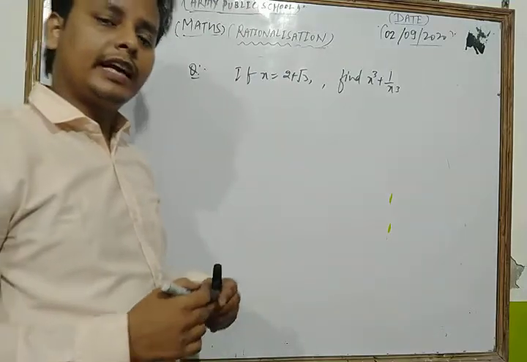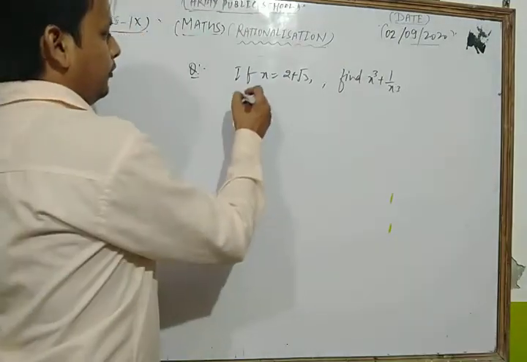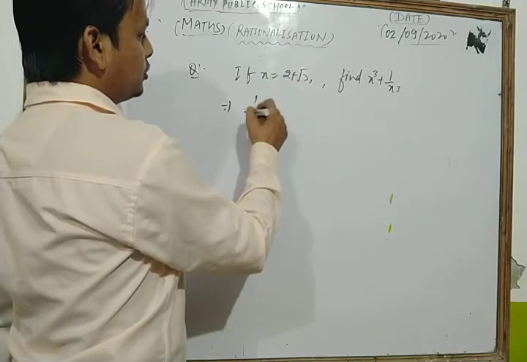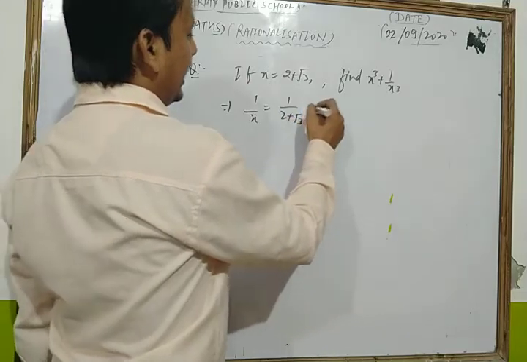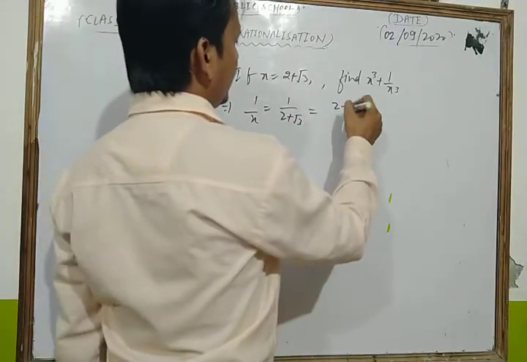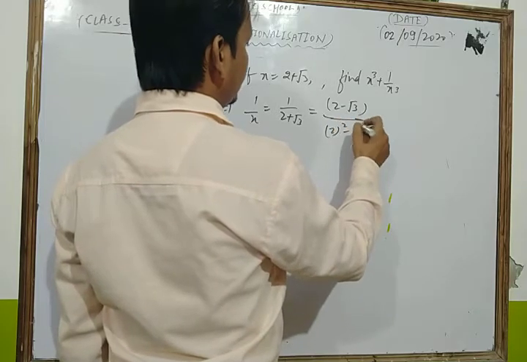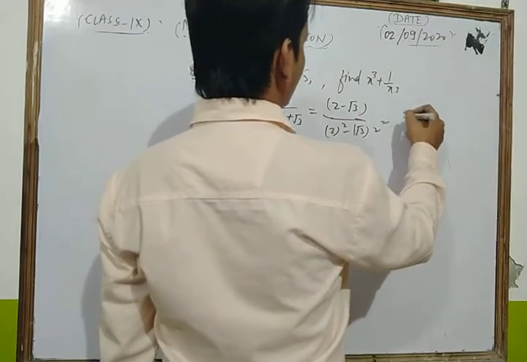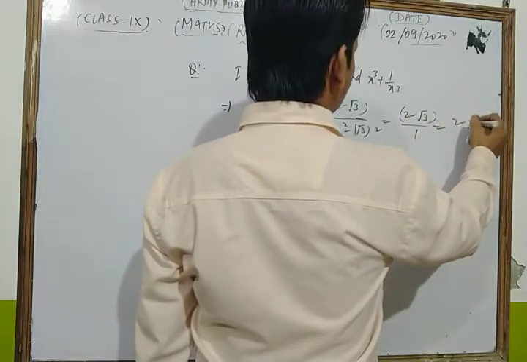Dear student, we solve that question based on the previous question. As you have the value of x, first you find the value of 1 upon x, meaning 1 upon 2 plus root 3. After rationalizing, we get (2 minus root 3) upon (a square minus b square), so we get 2 minus root 3 upon 1, as 2 minus root 3.